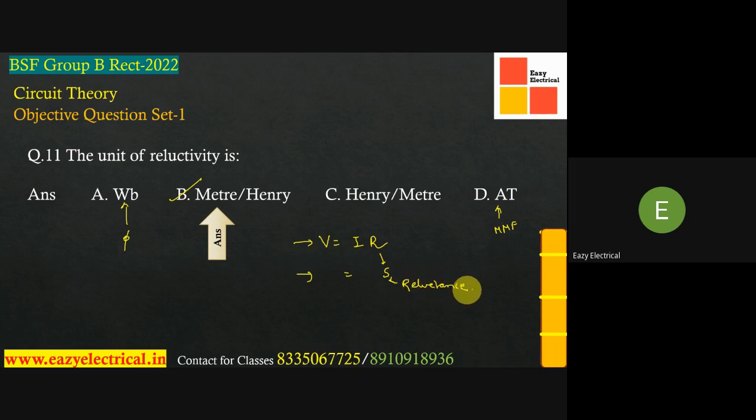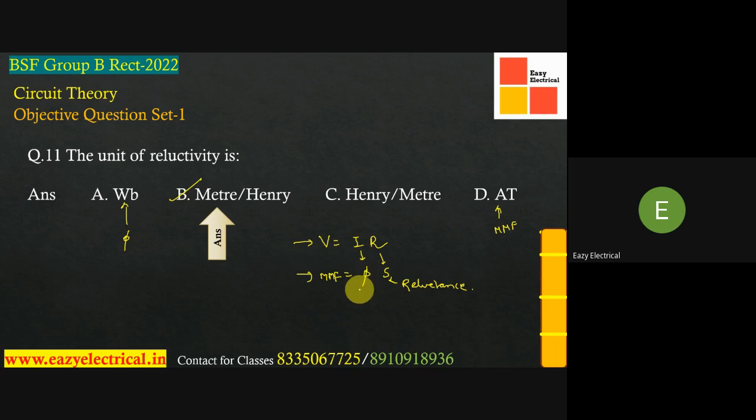Now, this MMF is nothing but your potential, the magnetomotive force, and the current is represented with phi, that is the flux.